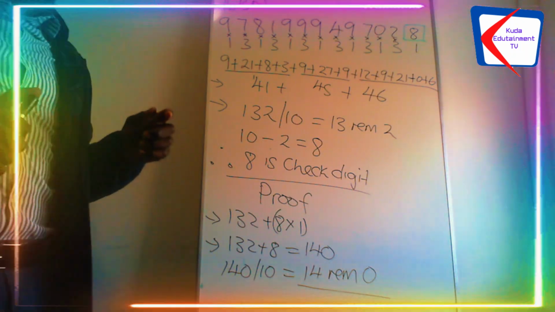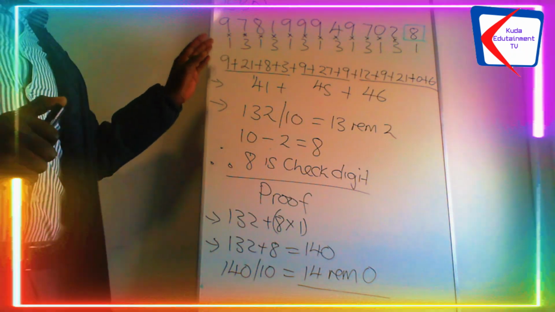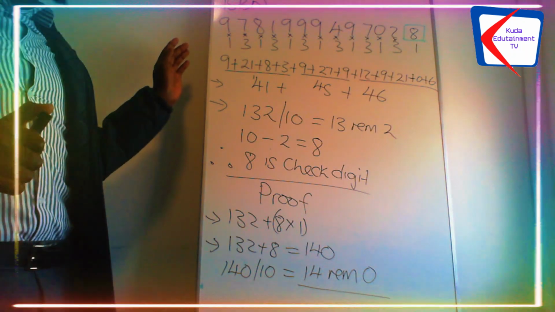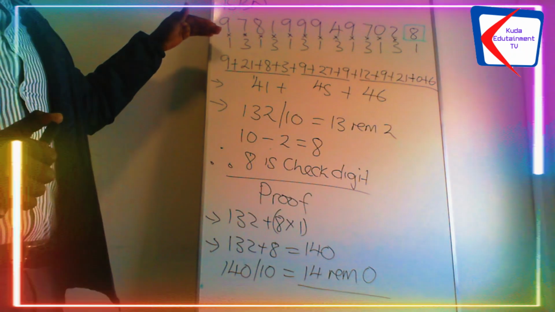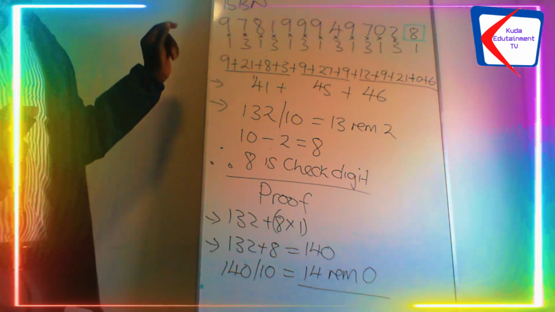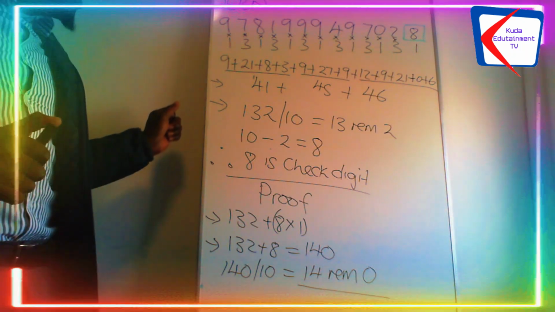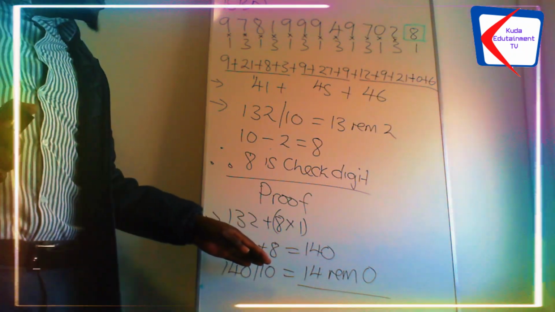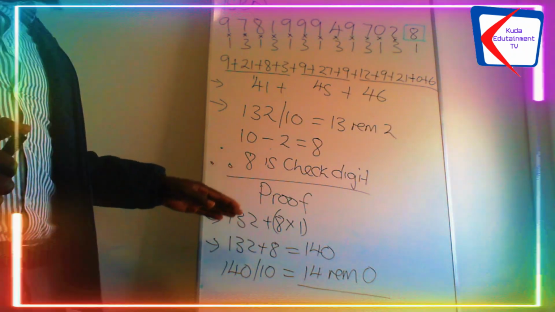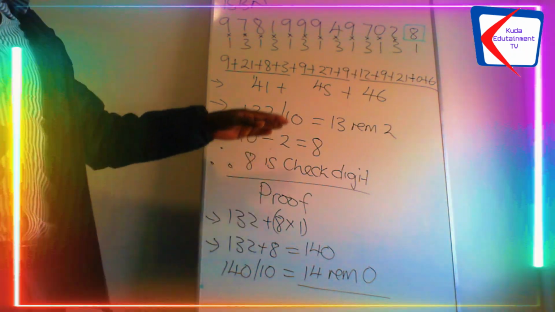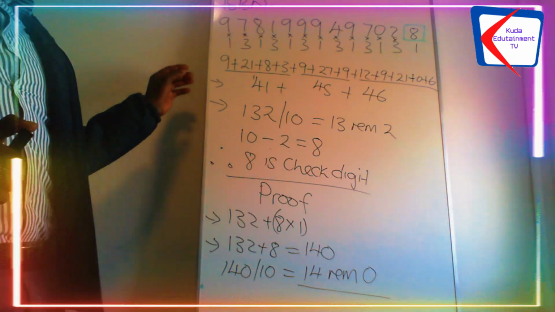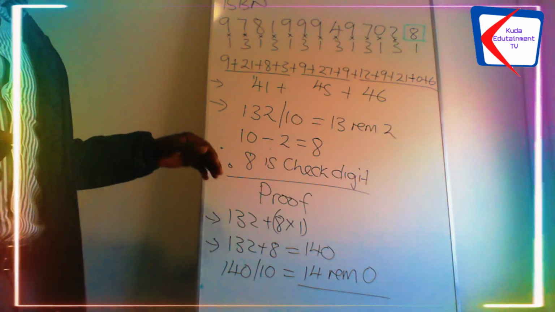Why? Remember in the previous video when we demonstrated how to calculate the checksum value using modulo 11, we said that for us to prove, we need to make sure that the number we get after including our check digit, if we divide it by 10, gives a remainder of 0.